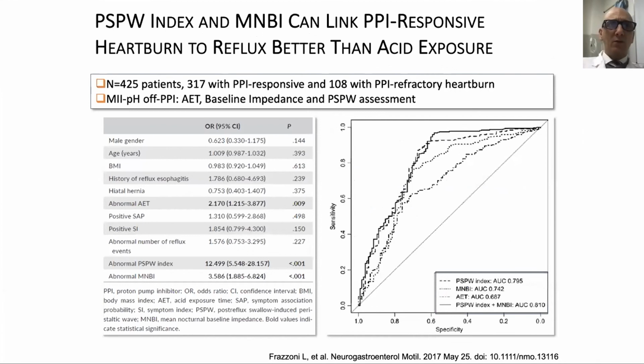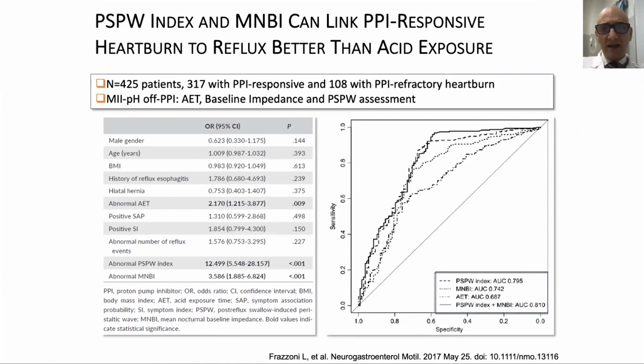In this paper, we evaluated off-therapy impedance pH tracings from PPI responsive and PPI refractory heartburn. We considered demographic and endoscopic characteristics, conventional impedance pH variables, PSPW index, and MNBI, and all these data were assessed in a multivariate logistic regression to identify factors independently associated with PPI responsiveness.